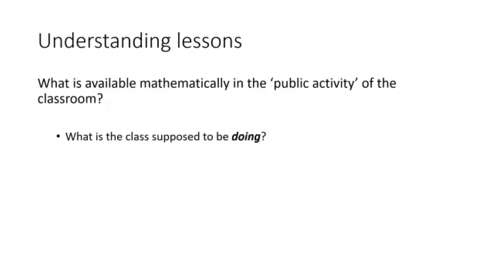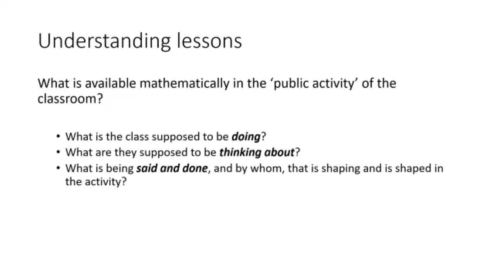So, for example, what's the class supposed to be doing mathematically? What are they supposed to be thinking about? Is it clear from what the teacher is doing what they're supposed to be thinking about? And what is being said and done and by whom that is shaping and is shaped in the activity that's going on?